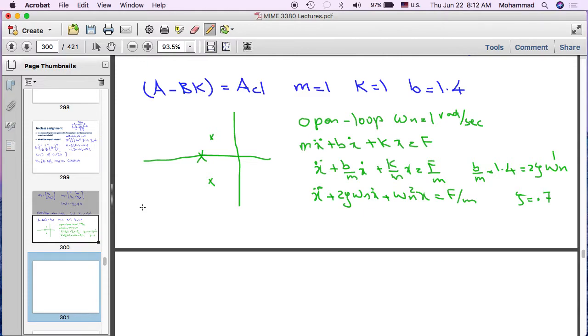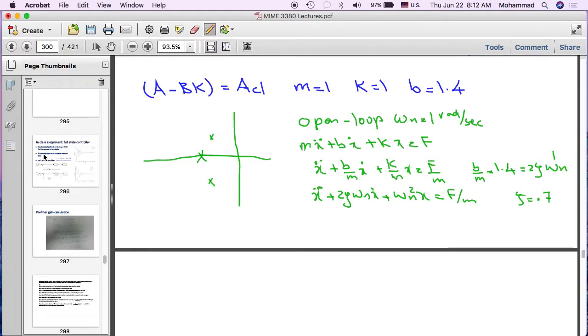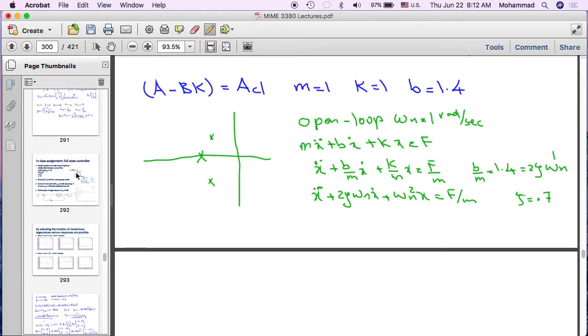Yes. So you said we want to find K and KR next, correct? Correct. How do we go about it? So for KR, we have the formula -1 over C times (A minus BK) inverse times B.